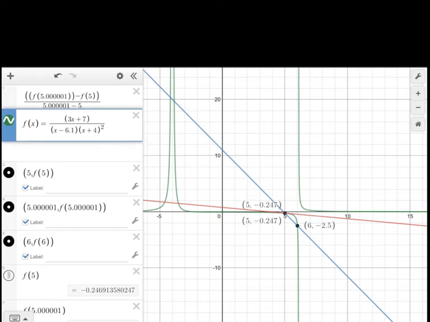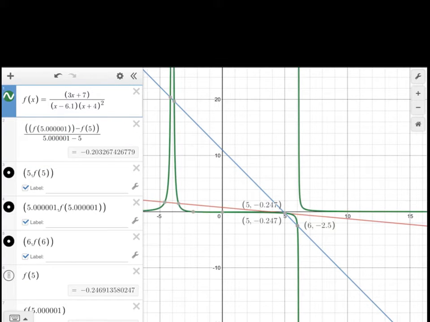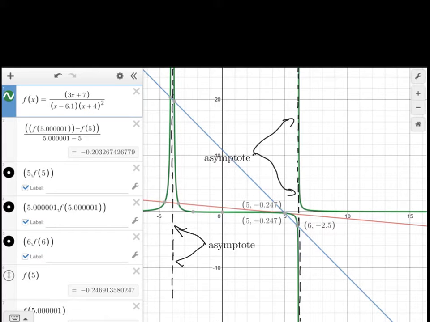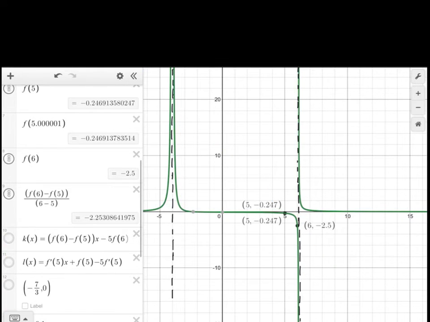Again, we've worked with these rational functions many times before. And so you can see that we're going to have an asymptote at 6.1. We're going to have an asymptote at negative 4. And we have a 0 at negative 2.333, so at negative 7/3.